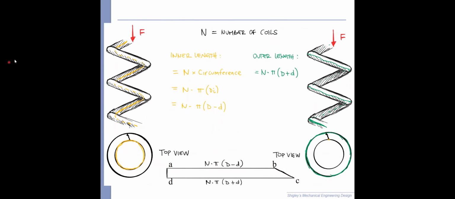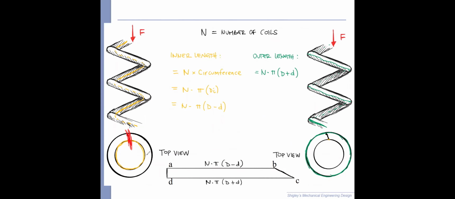We can cut at any position of this ring, this spring wire, or spring coil, and stretch and extend it into a straight line.